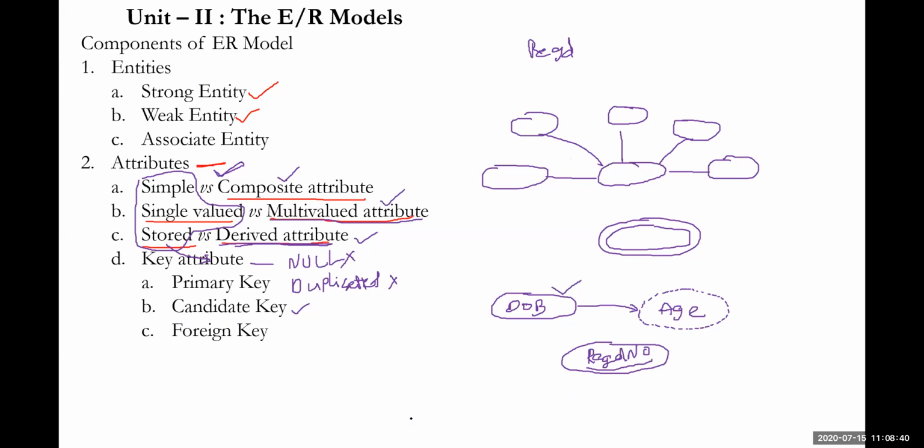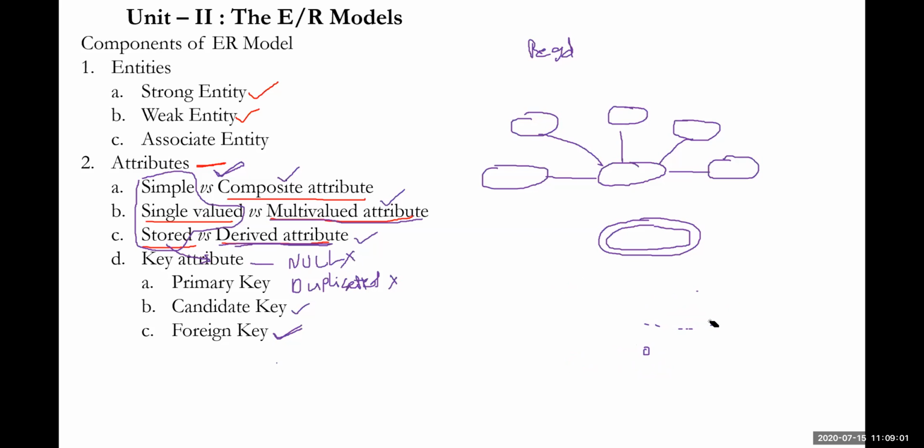And then let us consider foreign key. Foreign key in the sense makes some kind of relationship between two or more tables here. How this could be specified, we have already seen in the previous classes.